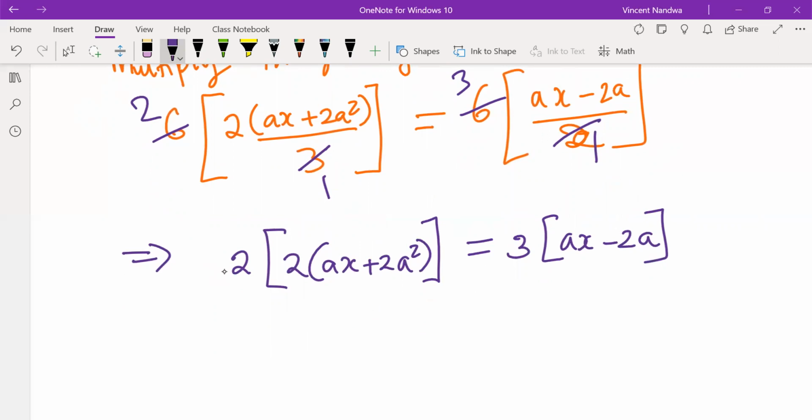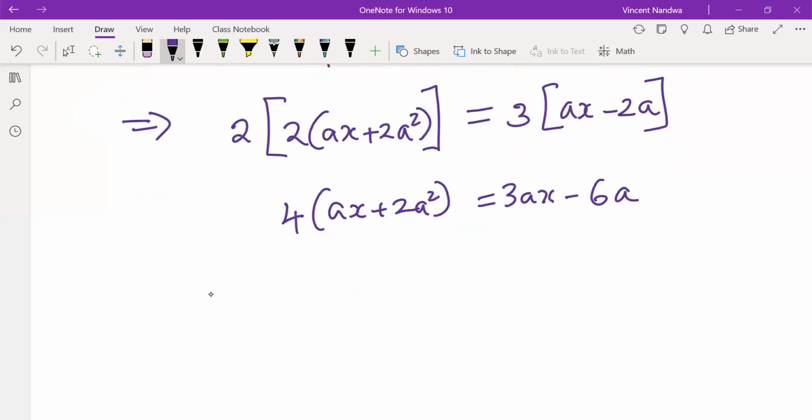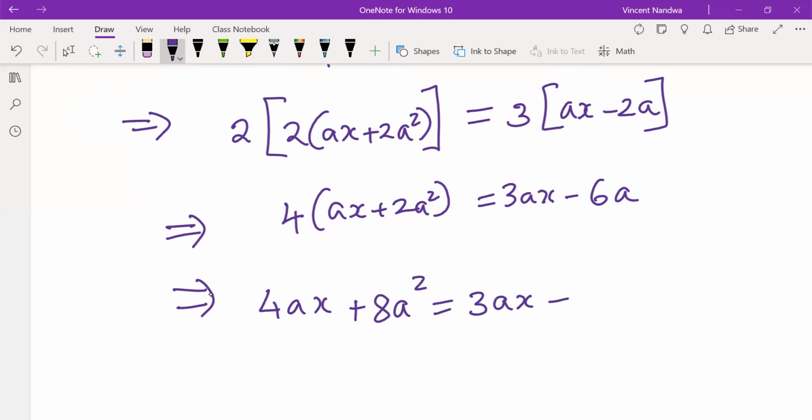Now, 2 by 2 is 4 into (ax plus 2a) squared, equals 3ax minus 6a. Open the brackets. So 4ax plus 8a squared equals 3ax minus 6a.